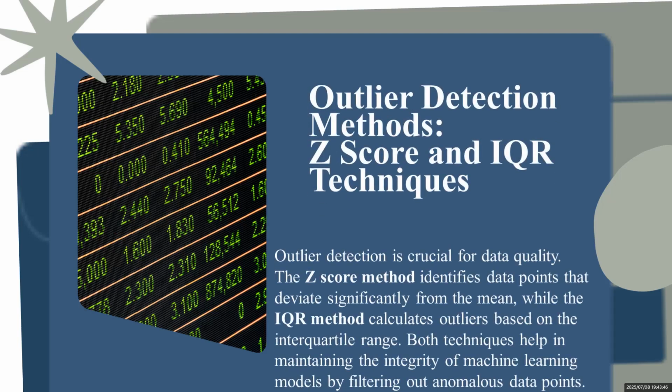Now, outlier detection methods. We have the Z-score and the IQR techniques. Outlier detection is crucial for data quality. The Z-score method identifies data points that deviate significantly from the mean, while the IQR method calculates outliers based on the interquartile range.